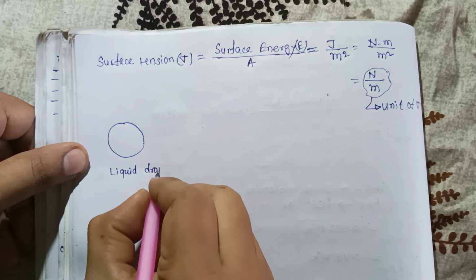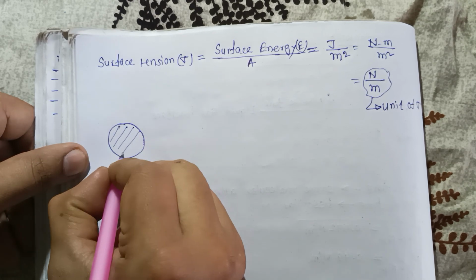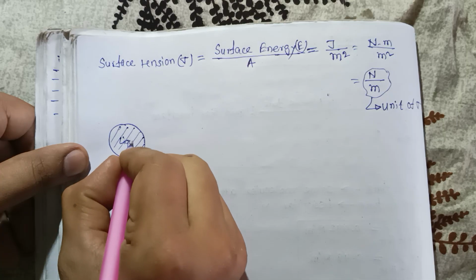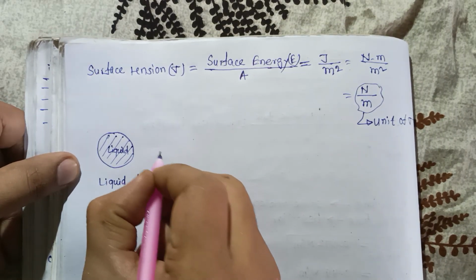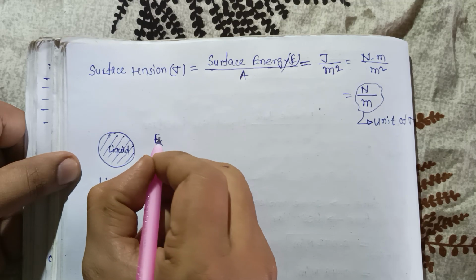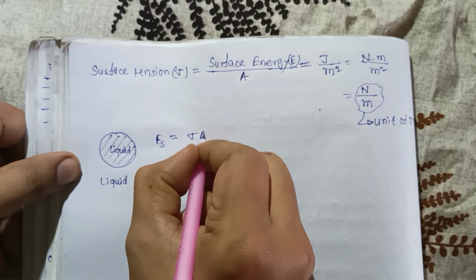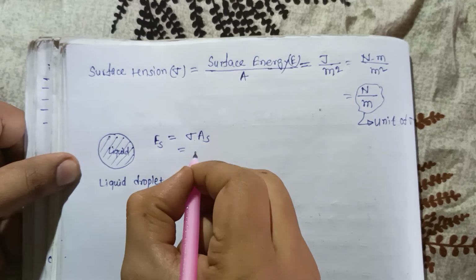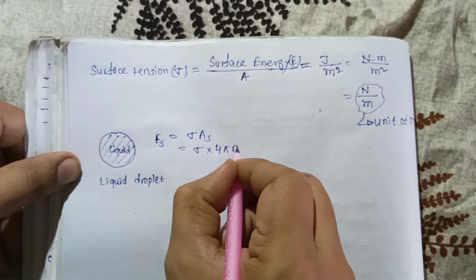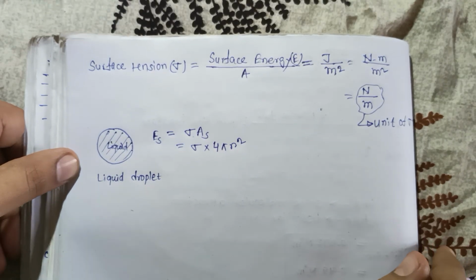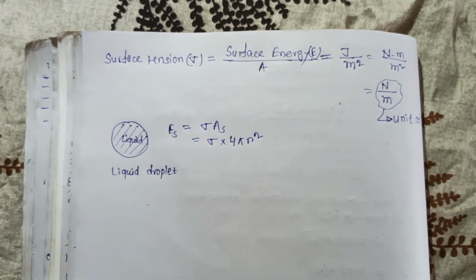If you want to calculate the surface energy Es, we know that it is sigma into As, so sigma into the spherical area, 4 pi r square, where r is the radius of the sphere.